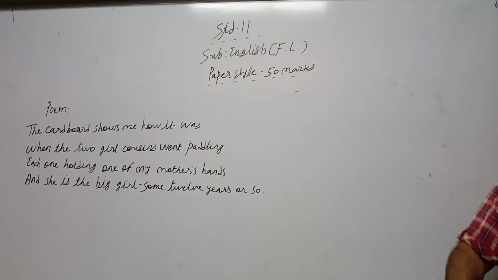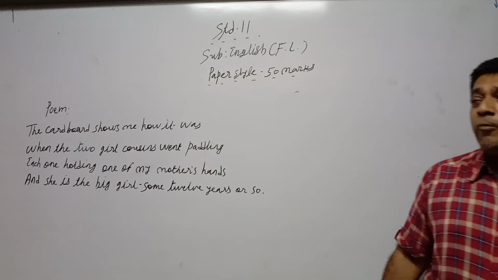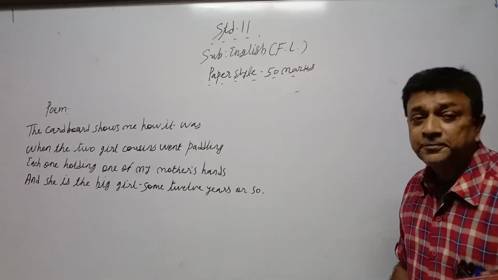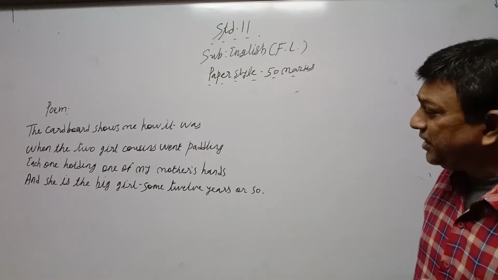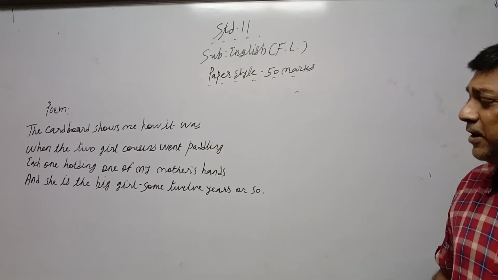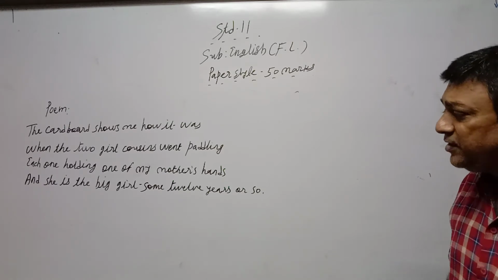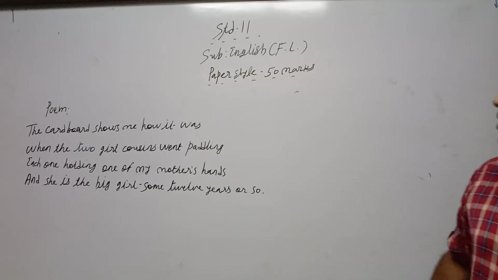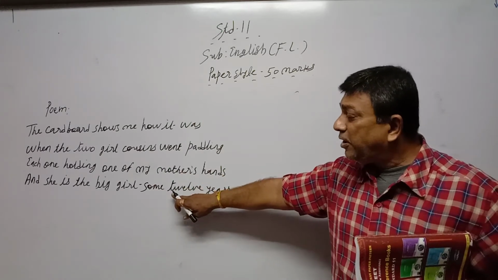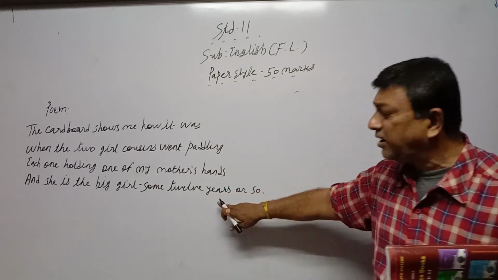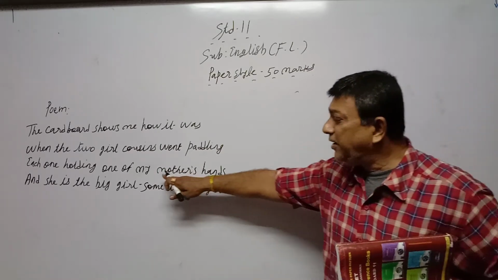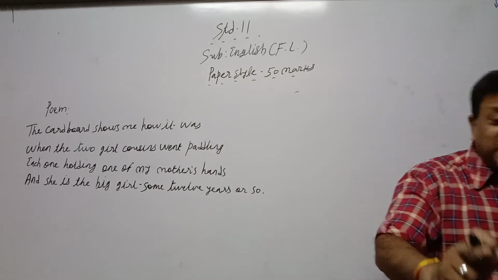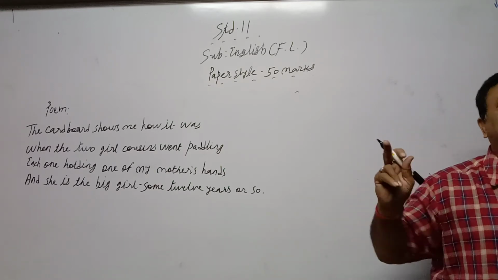First of all, read it and try to understand what it conveys. The cardboard shows me how it was when the two girl cousins went pedaling, each one holding one of my mother's hands, and she is the big girl, some 12 years or so. So the age of the mother is 12 years or so, and the word is "my mother", so the poet is writing about his or her mother.